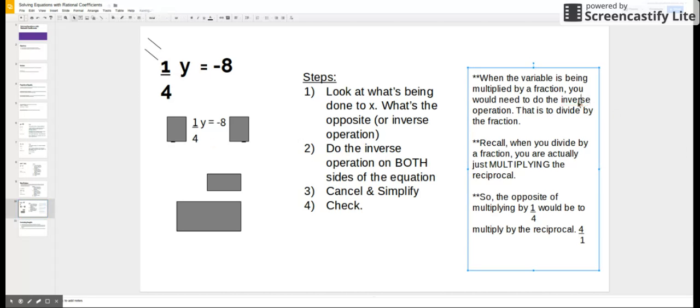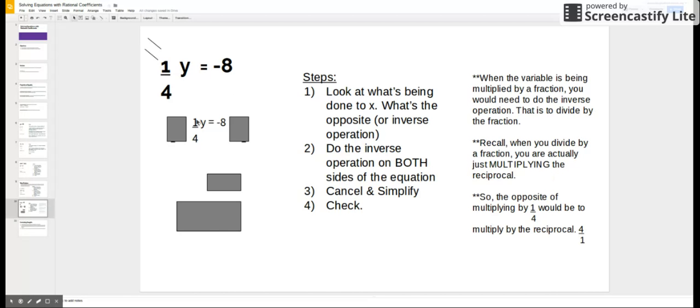So the opposite of multiplying by 1/4 would be to divide both sides by 1/4, right? I just want you to recall that when you divide by a fraction, you're actually just multiplying by the reciprocal.